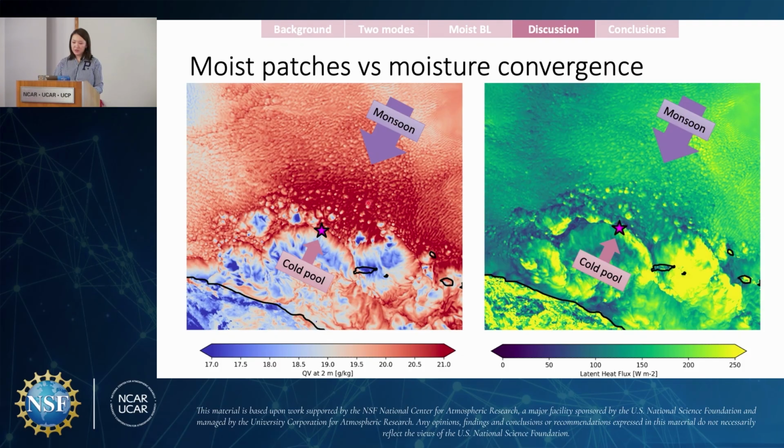Across this region, we see so many small cold pools with a little enhanced surface fluxes on the right. However, these areas do not show an obvious positive anomaly in latent heat fluxes. Why is that? What is the difference between moisture convergence brought by the monsoon and the moist patches generated by the cold pools?